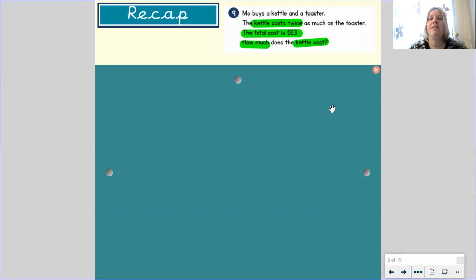So I needed to work out how much each of my toasters cost. So I'd like you, for your first step to solve this problem, to divide £63 by 3. Can you pause the video and have a go at doing that? Let's see how I solved the problem.